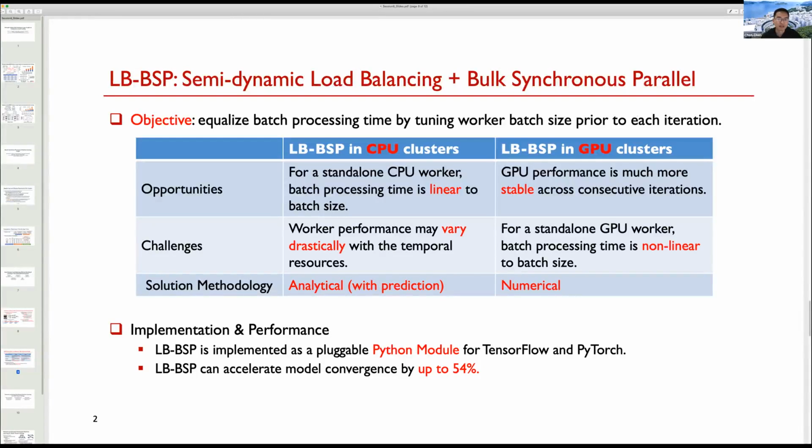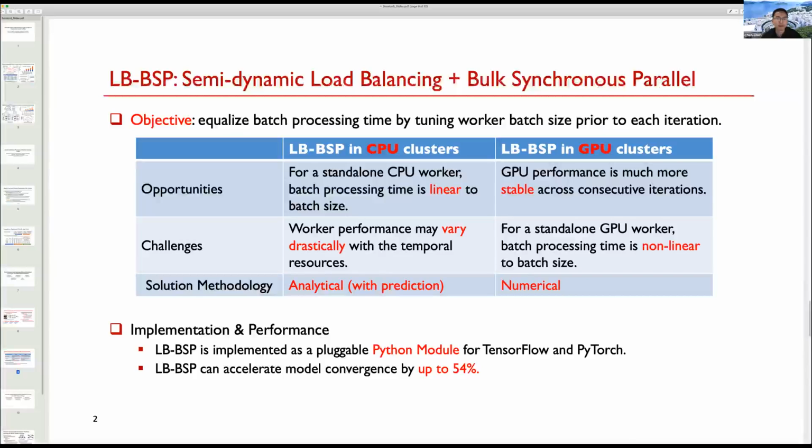In contrast, in GPU clusters, the good news is that GPU performance is much more stable across consecutive iterations. But the challenge is that for a standalone GPU worker, its batch processing time is non-linear to the batch size and hard to profile at runtime, because there is a parallel processing scheme in the GPU, there is a saturation effect, and there is a memory limitation. For the detailed profiling, please refer to the paper.